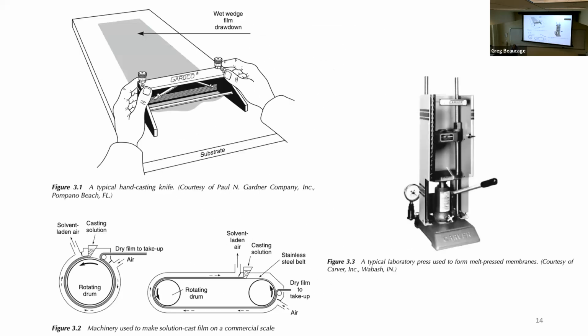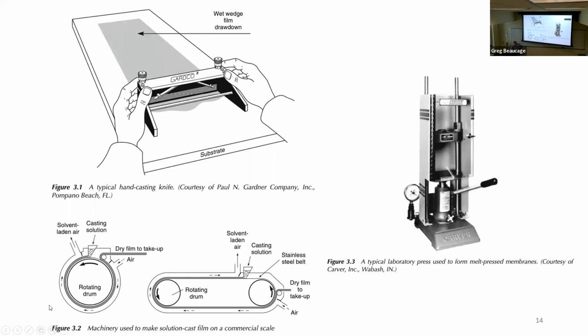And then this is just showing, I showed you this already, how you cast. This is a hand casting, and then if you want to do that industrially, you do the same thing, put a fluid in, and there's a casting blade, and then it casts it onto a rotating drum, and this makes a solid film in that case.